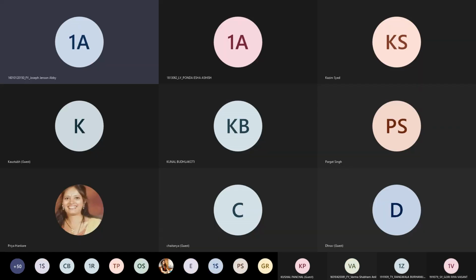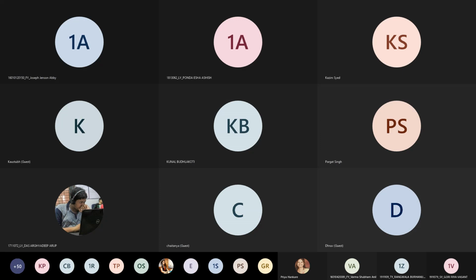Just to interrupt you, Jenson, I'll add to your explanation regarding that doubt. In business problems, there are certain business metrics which we have in order to decide how well the model will work.